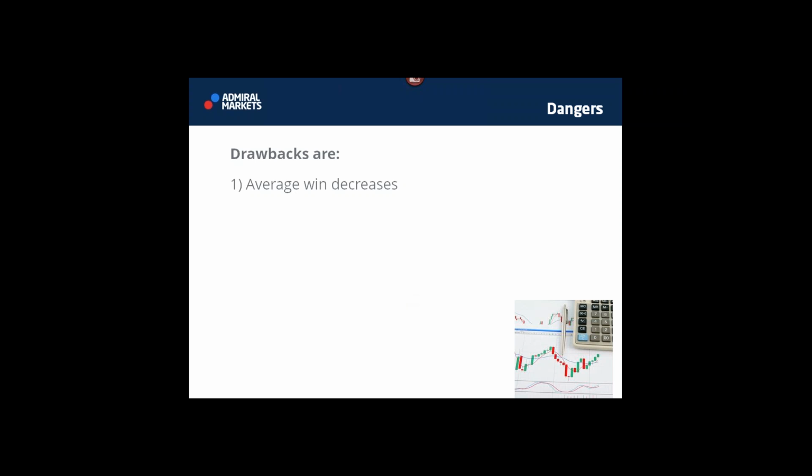If you always close entire positions and your average win is 1.4 of your average loss, and you start to scale out and you see those statistics decrease, well, then apparently something is not optimal. You have to investigate it. It could be because of other circumstances, but it's something to keep an eye on.